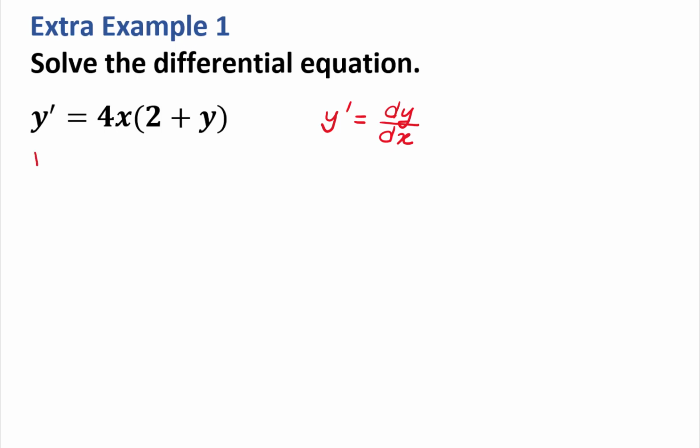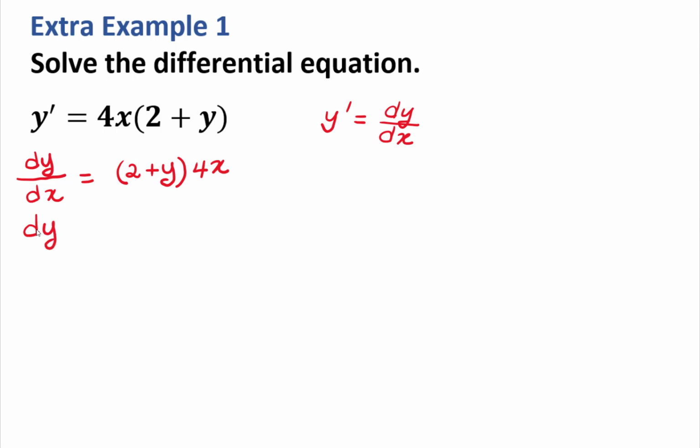We replace y prime by dy dx, and then I'm going to write the right part like this: 2 plus y times 4x. Why? Because I want to divide later on by 2 plus y.